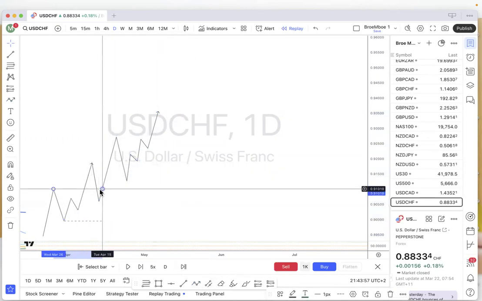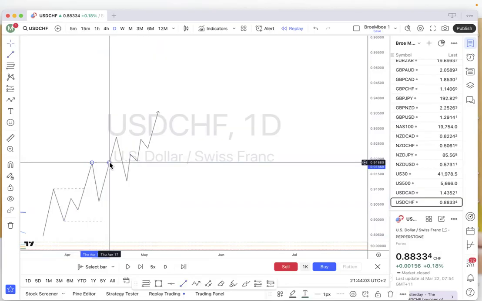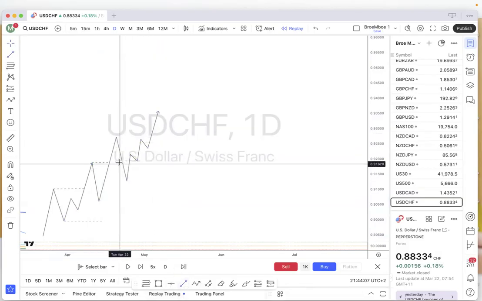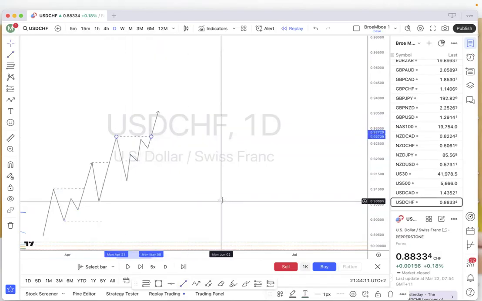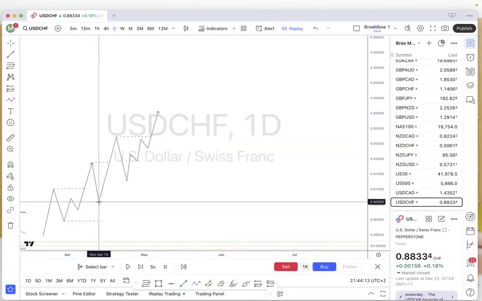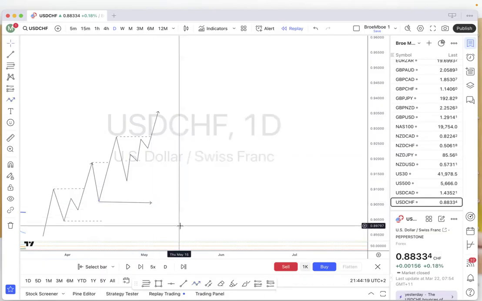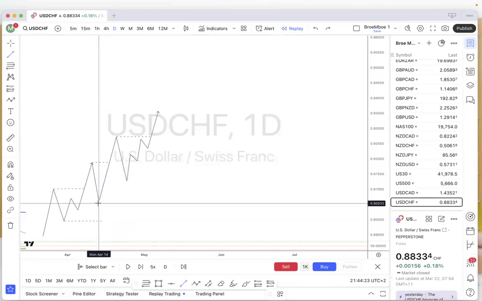So you look at this, you see that you've got your high broken there, and you've got your high broken there as well. So what this means is that the lows will only be confirmed if the high is broken, right? The lows will only be confirmed if the high is broken.